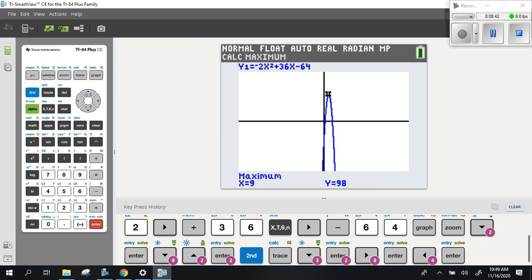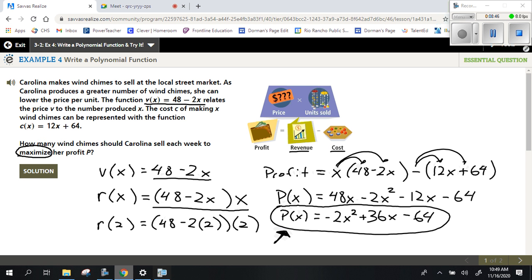What does that mean in terms of our question? We said in this question that x is the number of wind chimes produced, right? So how many wind chimes should Carolina sell each week to maximize her profit? The answer would be 9 wind chimes.